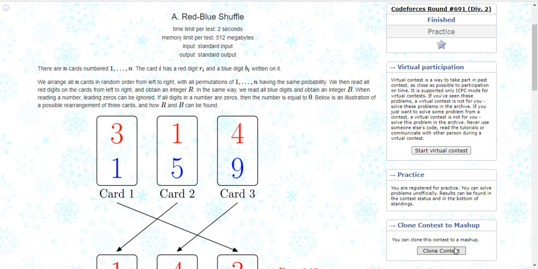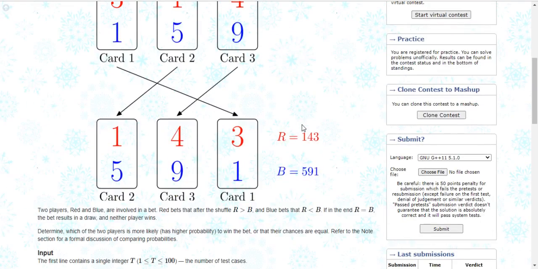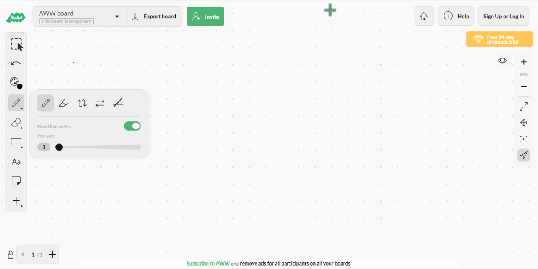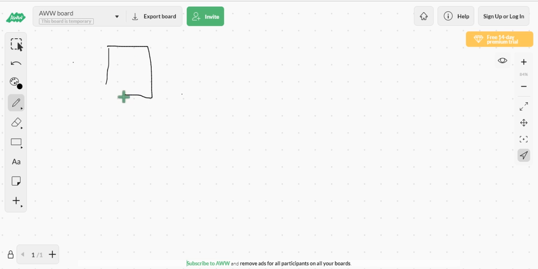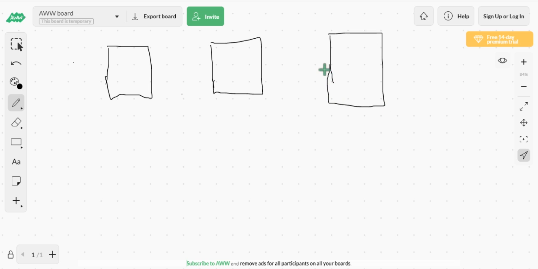Below is an illustration of a possible rearrangement of 3 cards and how R and B can be found. So suppose this is a card, this is a card, this is a card.